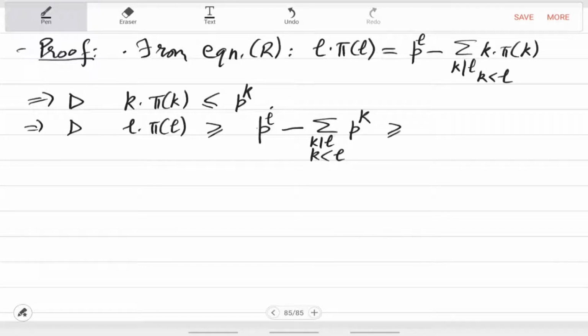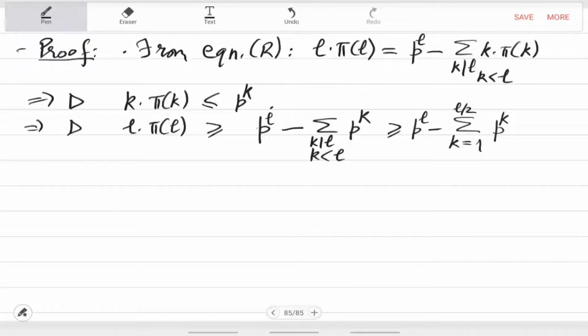Which is greater than or equal to P raised to L minus, so we can overestimate the sum for all K from 1 to L by 2, and that will give you the result.